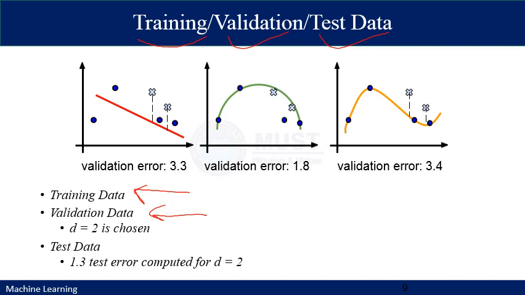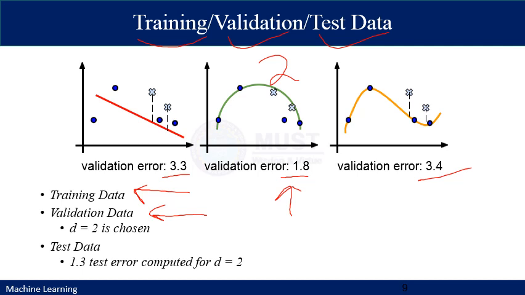As you can see, for this typical case the validation error is reported for three different models. Again, we can see the validation error is slightly lower for the degree 2 polynomial classifier. Therefore, the degree 2 polynomial classifier is the optimal choice.